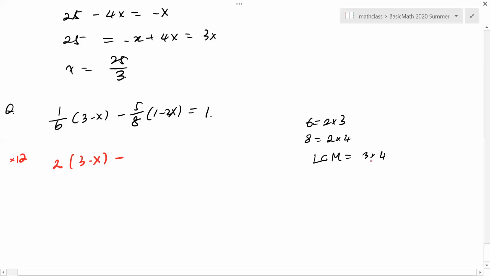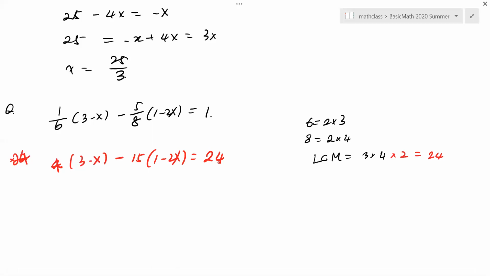To multiply 2 times 3, that should be 2 here, 24. Okay, we need a 24, the least common multiple. 24, and here's 4. And then 3 times 5, 15. And that is 24, okay? So the least common multiple must contain all the factors you have. It must contain 8, and also has to contain 3, so that's why it's 24.